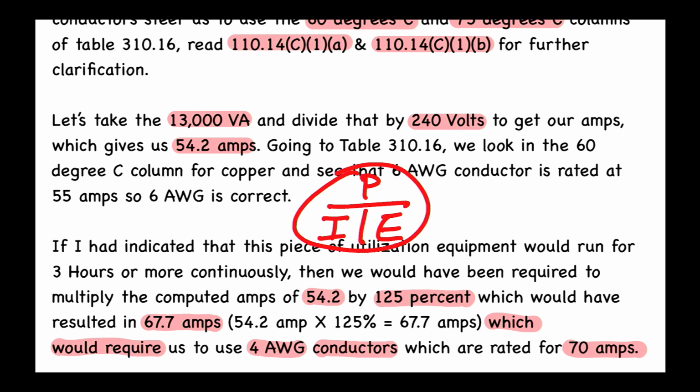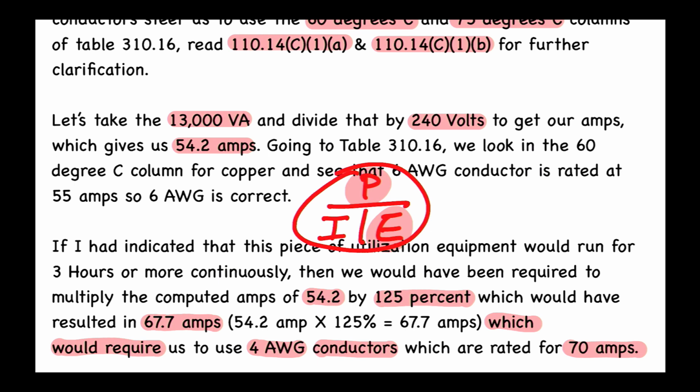I know my VA, and when you see VA, you can think of it as watts for the purpose of these exam questions. They're not exactly the same, but for this purpose, consider it to be the same thing. So I know P, that's the VA or the watts. Do I know my volts? Yes, I know my volts, and that's over here. What I don't know is I, and I is for amps.